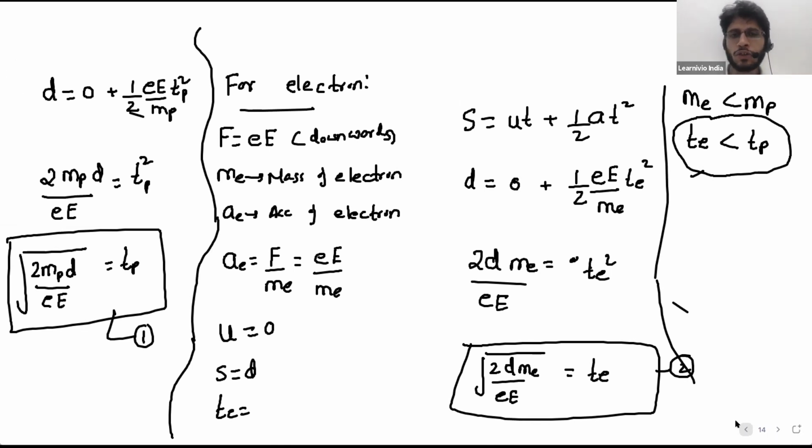The mass of electron is 9.1 into 10 raised to the power minus 31 kg. And the mass of the proton is 1.67 into 10 raised to the power minus 27 kg. So protons are almost 2000 times heavier than electrons.